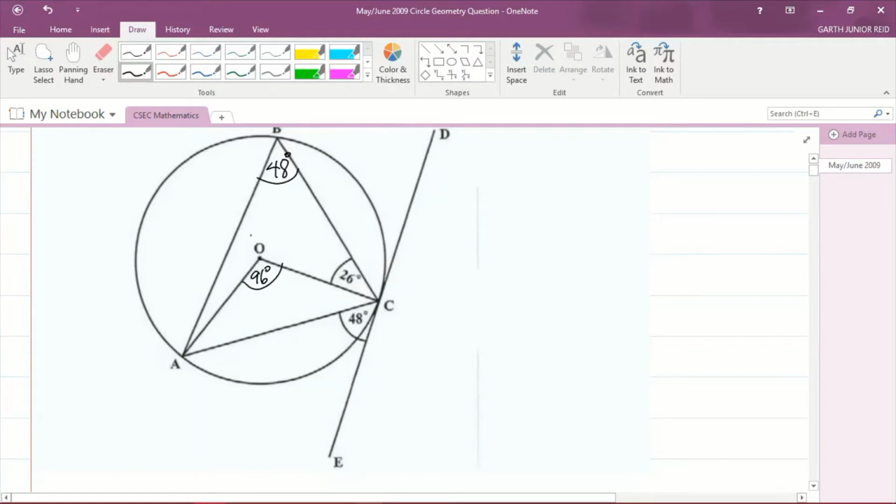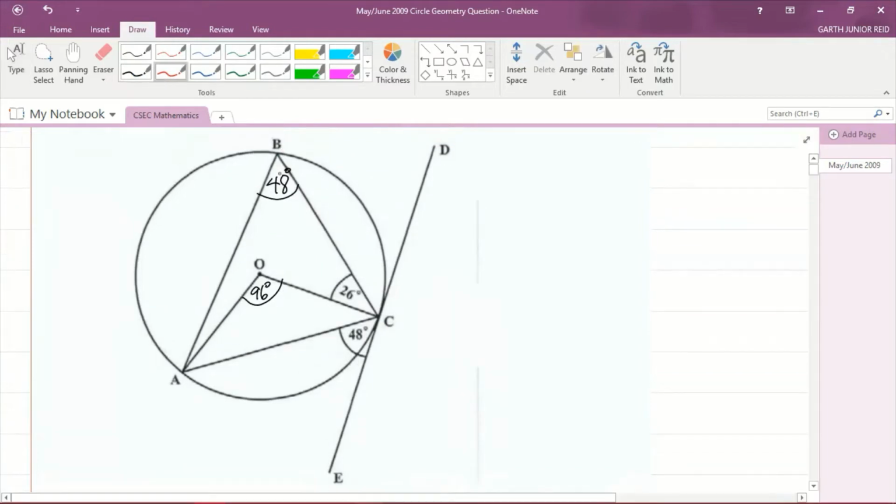And they ask us to calculate the angle BCD. All right. The angle B is here, C, D, so they're asking us about this angle. Okay, that is the angle between the tangent DCE and the chord BC. Okay, great.